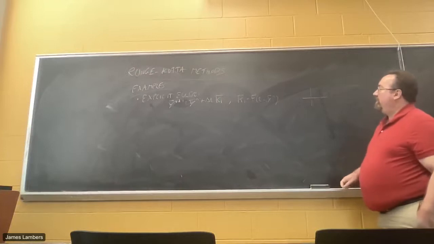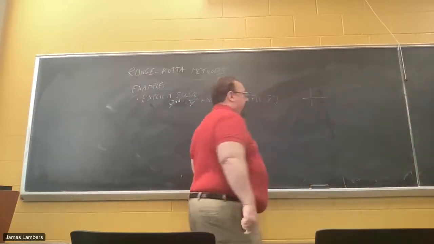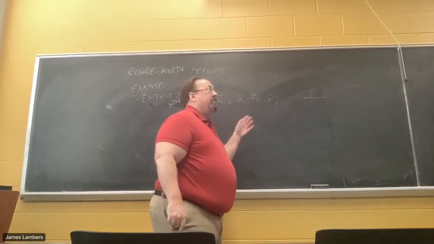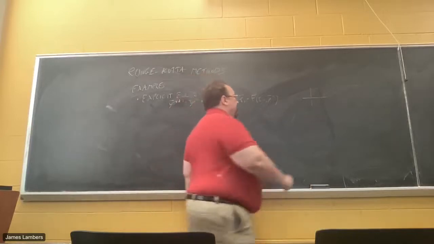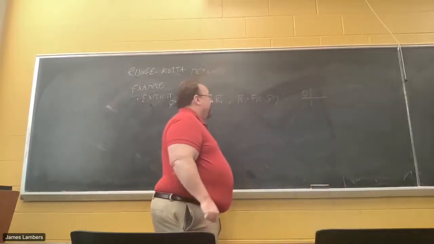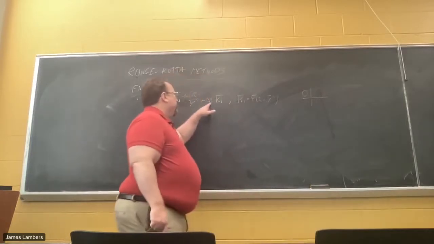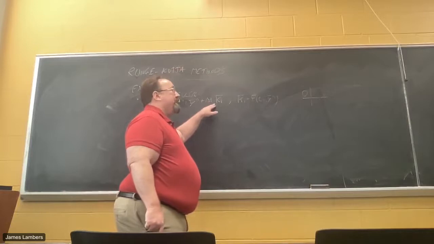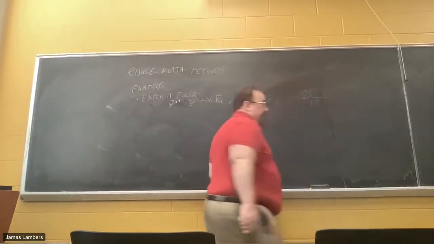For one thing, we're evaluating at t n. In general, we have t n plus something like delta t times a coefficient c, but in this case c is 0. We have delta t times a coefficient b times each k. Well, we only have one of those, and b is going to be 1. So we have a 1 here.